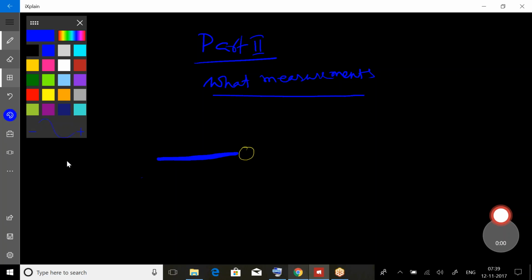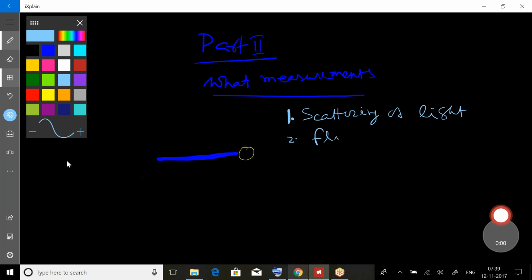When there is interaction between matter and the photons, there are a few things that happen. One is scattering of light. There are different forms of scattering, I'll be talking about those briefly, and then fluorescence.